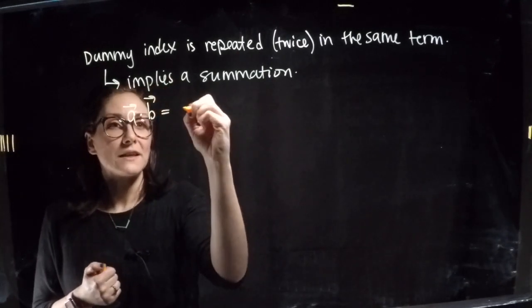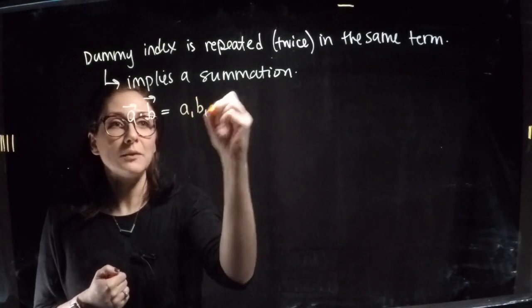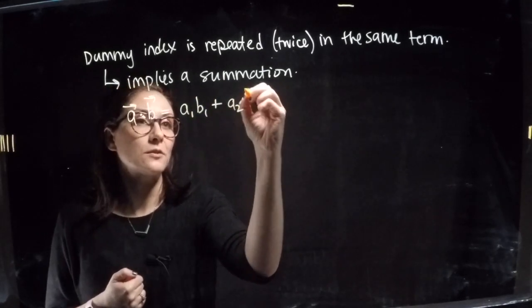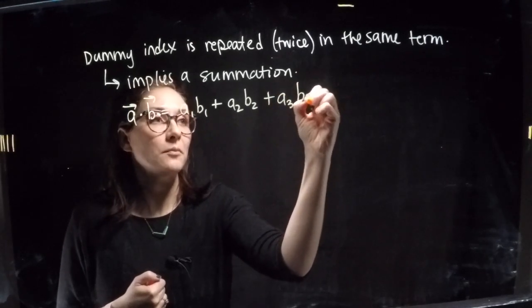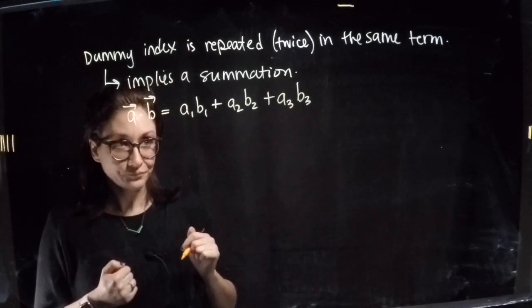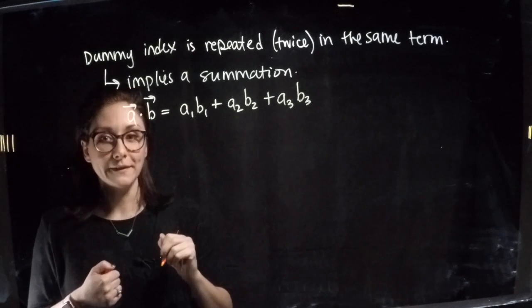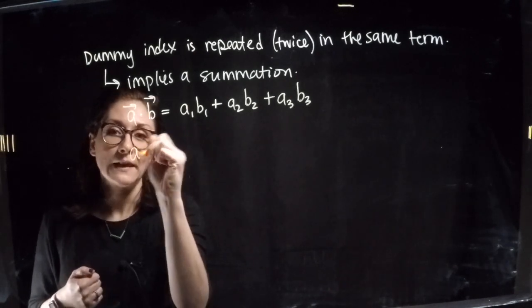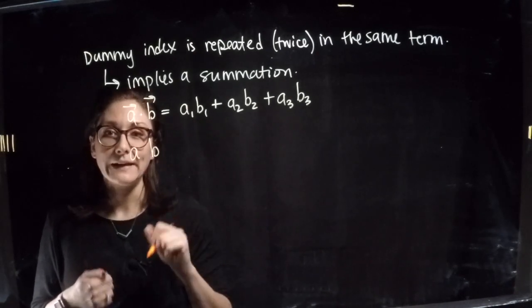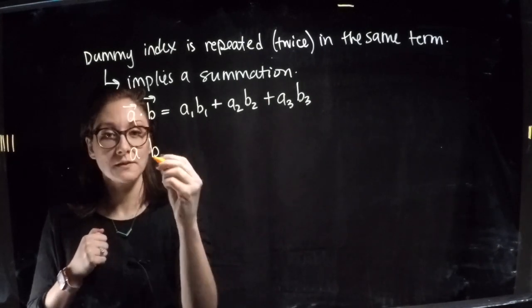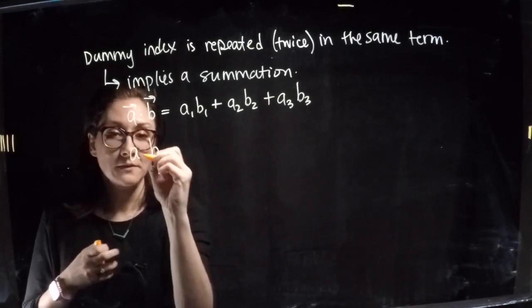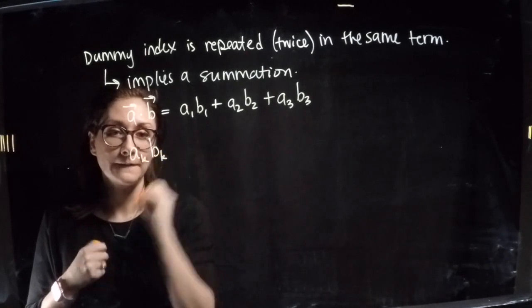And what this looks like is we have A1B1 plus A2B2 plus A3B3, right? Okay, so the way we would write this in index notation is we have our A and our B, and now all we're going to do is use the same index on both of these, and it can be any letter that you want. So let's say it's K.